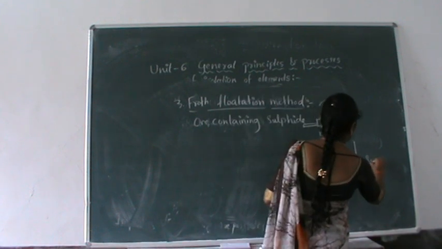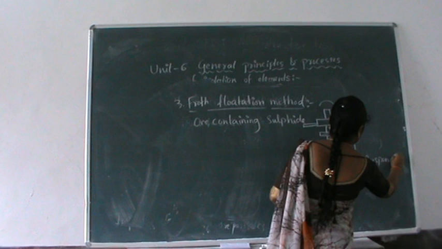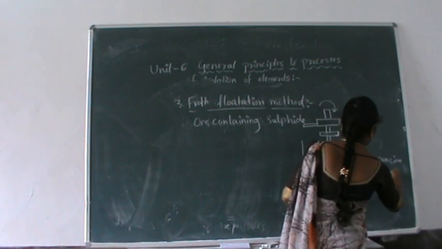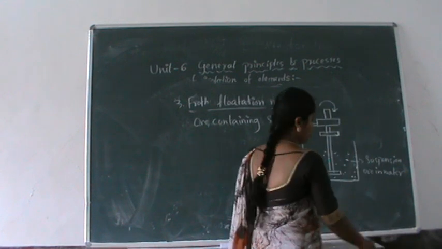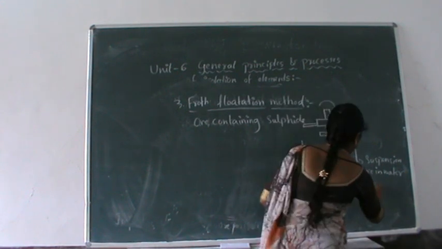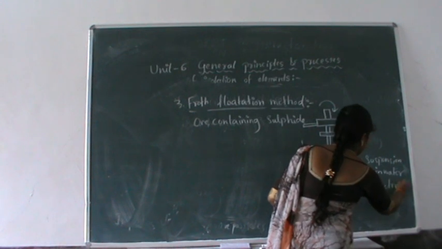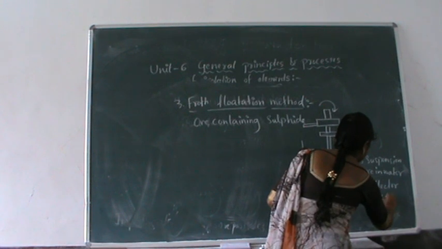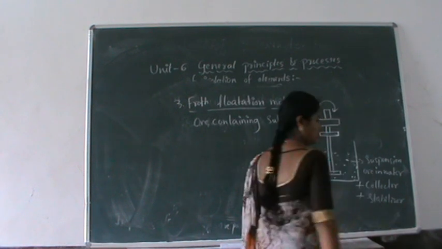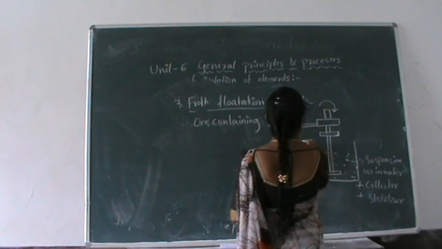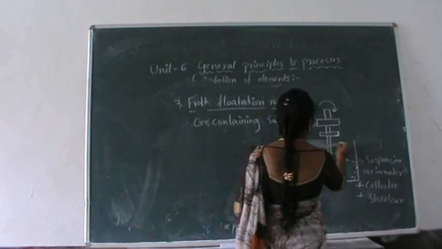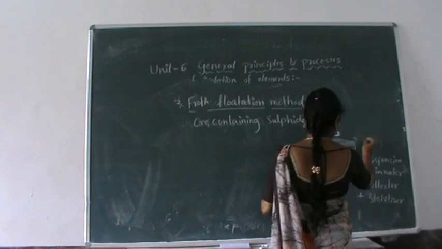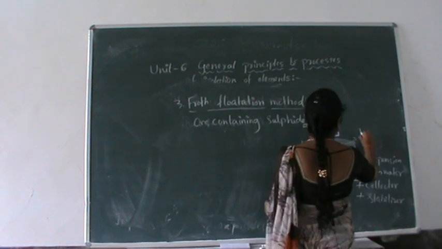This one is a suspension of ore in water. Plus we are adding a collector, and also we are adding a stabilizer. The float present above this apparatus, that is the float. The float contains ore.